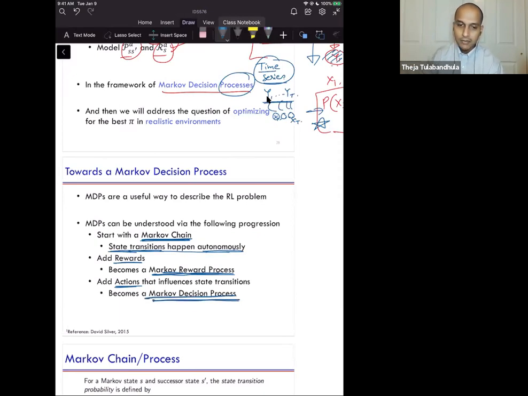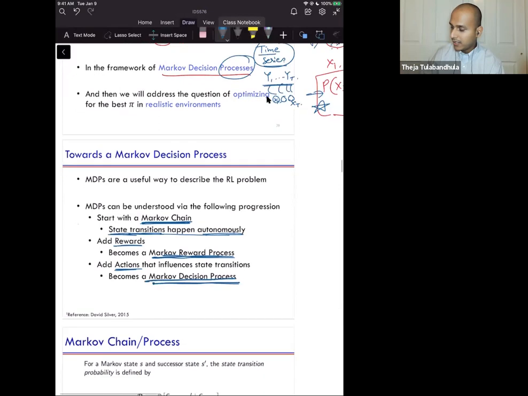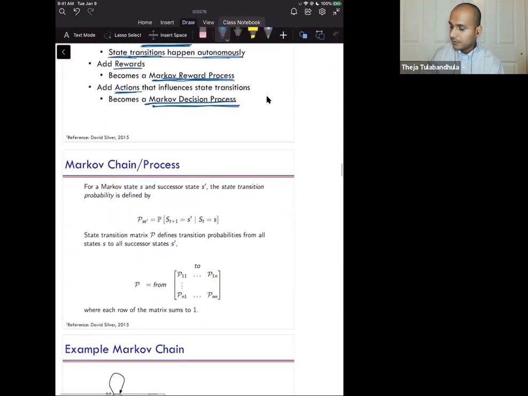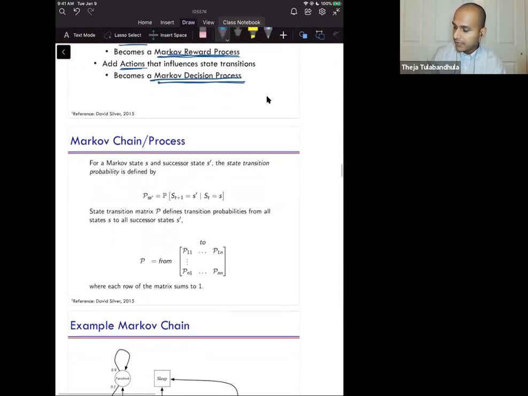So I think this slide already tells you what these three objects are, but let me explain a little bit more. A Markov chain, as I said, is a sequence of random variables, which is essentially characterized by a transition probability function. A transition probability function P(s'|s) is all it's saying is what's the probability of going to s' given my current state is s.